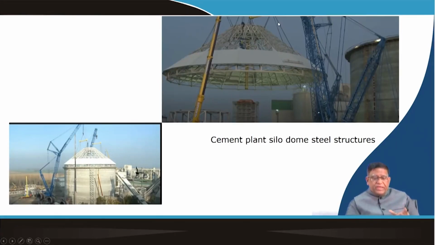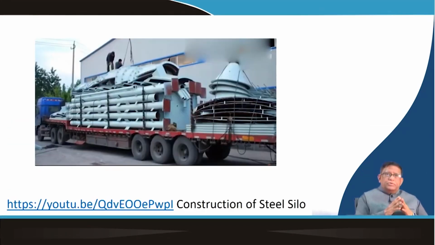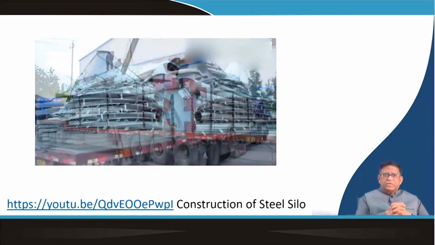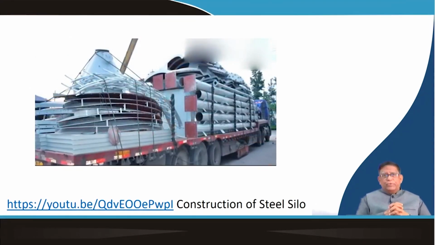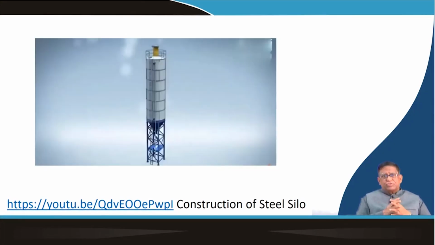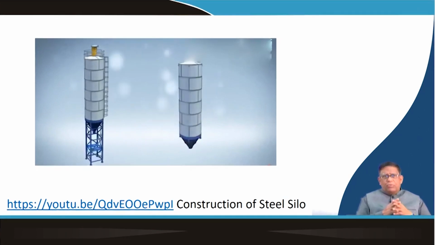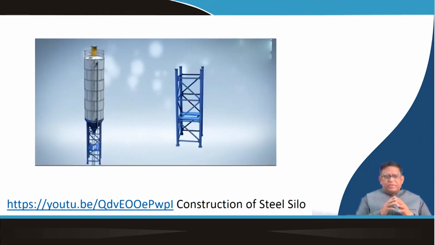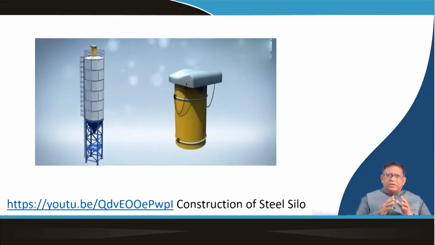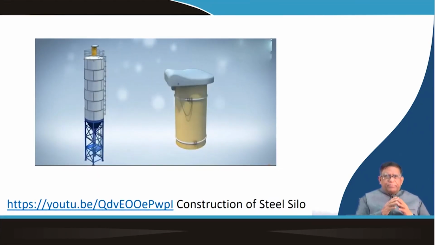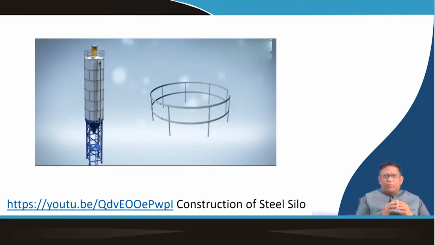You should try to see the placement of the crown; this is an area where a big failure may take place, because it has to be placed very precisely over the tower. When we talk about steel silos, they can be constructed in modular form, meaning all the components are manufactured separately, brought to the site, and then erected one by one.